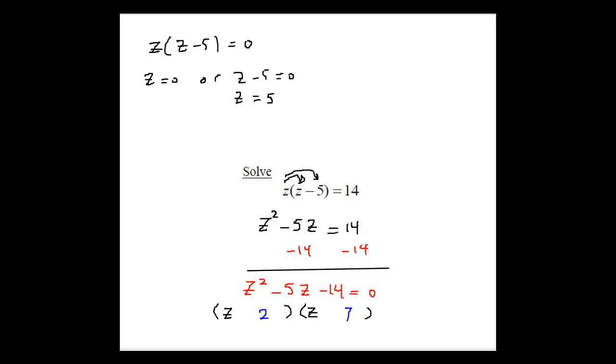Now, in order to make minus 5 out of that, what sign are you going to use here? Negative in front of 7 and positive in front of 2. Right. And as you see here, 2 times negative 7 is negative 14. That works out. z times z is z squared. And when we multiply the two closest terms and the two furthest terms, it adds up to minus 5z. So what's the next step?